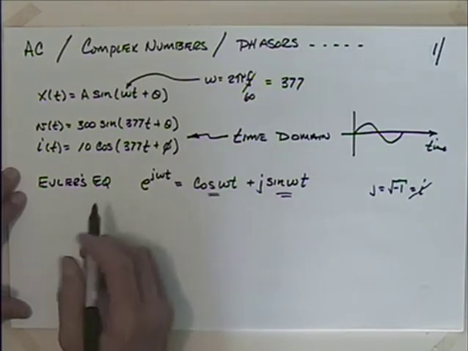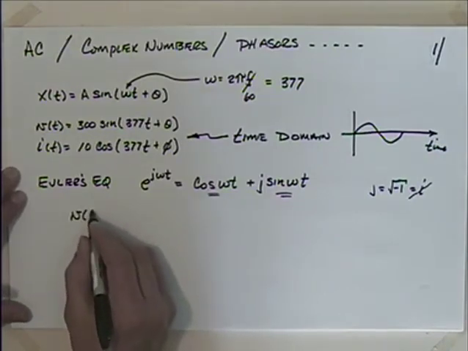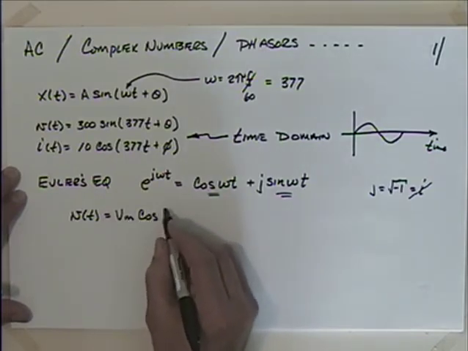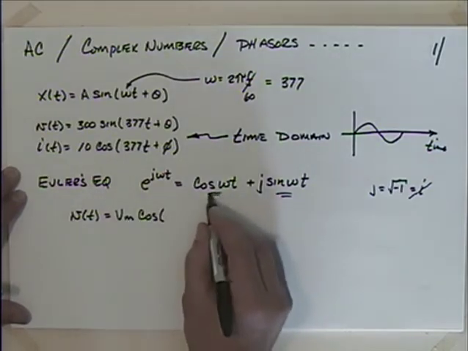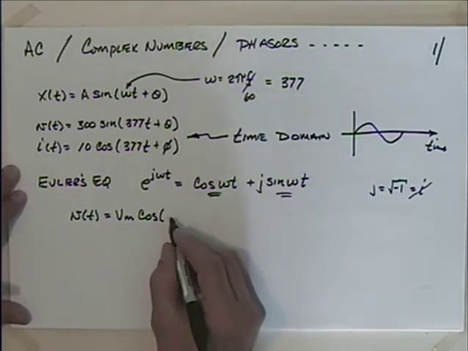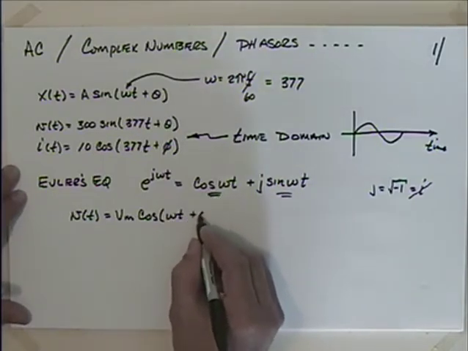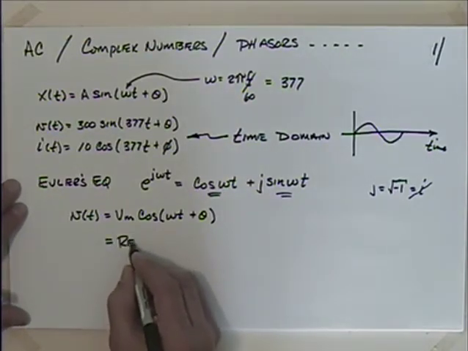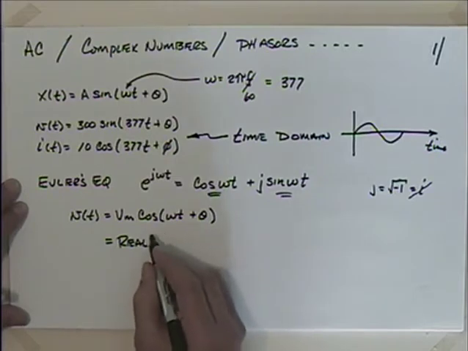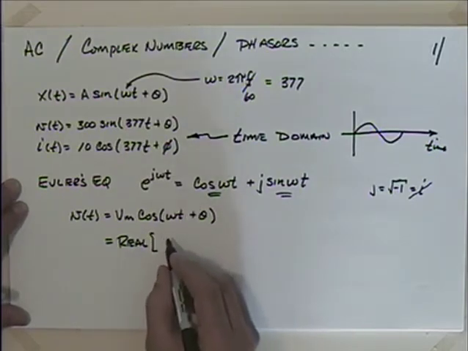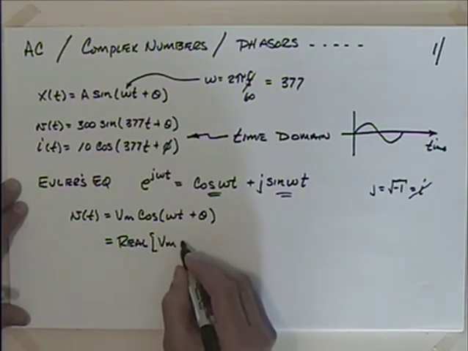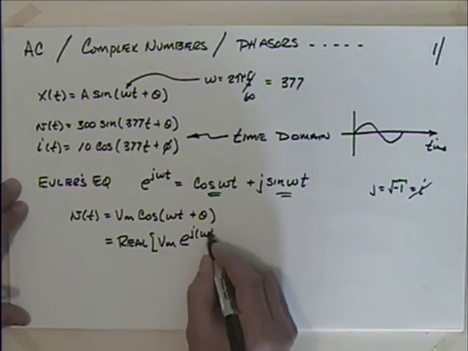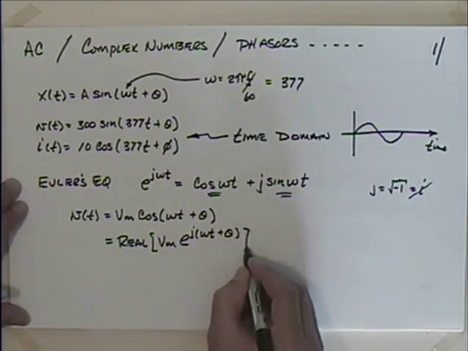So if I were to think of then, let's say, some voltage, v of t, being equal to some magnitude times the cosine, and I'm going to start to base this off of cosine because of this term here, cosine omega t plus theta, I could really write this as the real portion of Euler's equation, which would be V sub m multiplying e to the j omega t plus theta.